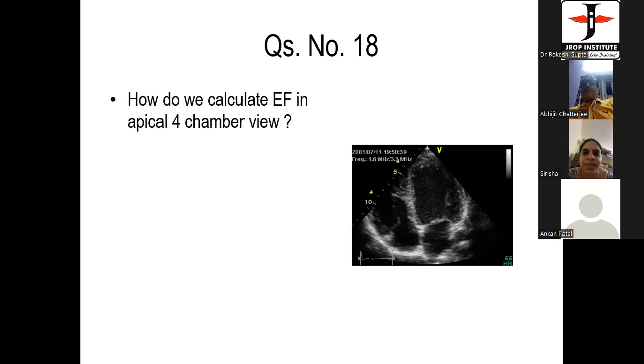And from the midpoint of the straight line, what do you do next? Join it to the apex. Yes, sir. Okay? You do it in 4 chamber, you do it in 2 chamber. You do it in diastole, you do it in systole.